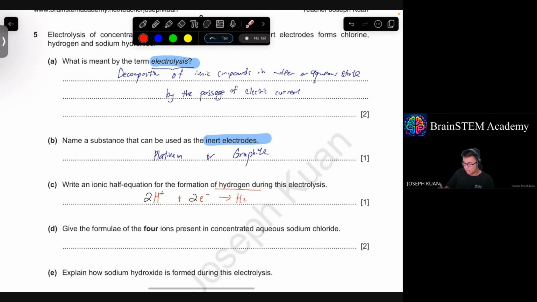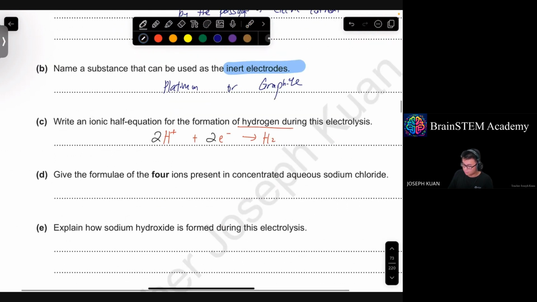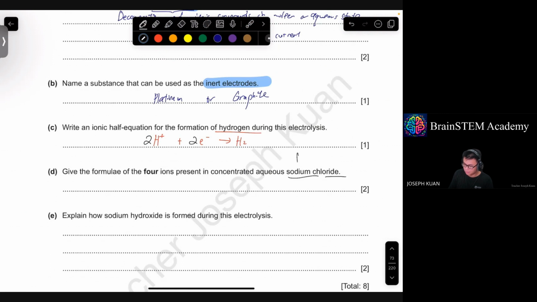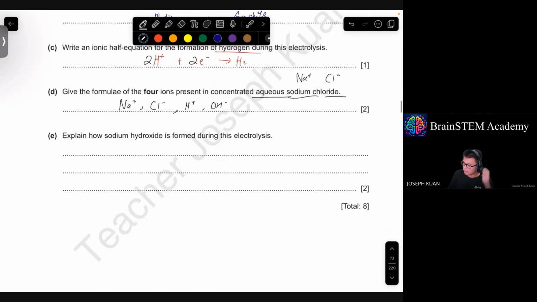So sodium chloride tells you that it has Na+ and Cl−. Whereas for aqueous, it means that there are hydrogen ions and hydroxide ions. Next question. Explain how sodium hydroxide is formed during this electrolysis.